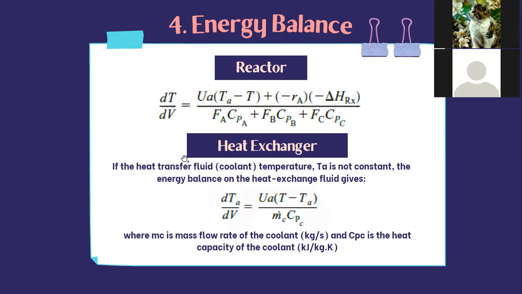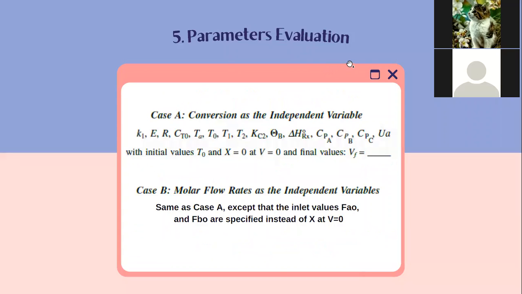So in this heat exchanger, if the heat transfer fluid, which is the coolant temperature Ta, is not constant, the energy balance on the heat exchange fluid gives this formula, which is the differential of Ta over dV is equal to UA times T minus Ta over mC CPC, where mC is the mass flow rate of the coolant in kg per second, and CPC is the heat capacity of the coolant in kJ per kg K.